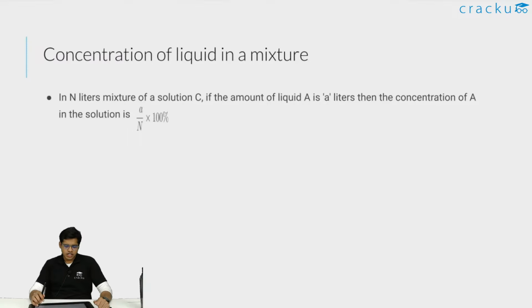So, concentration of liquid in a mixture. If n liters of mixture of a solution C has A liters of liquid A, then the concentration of A in the solution is A by N into 100%.